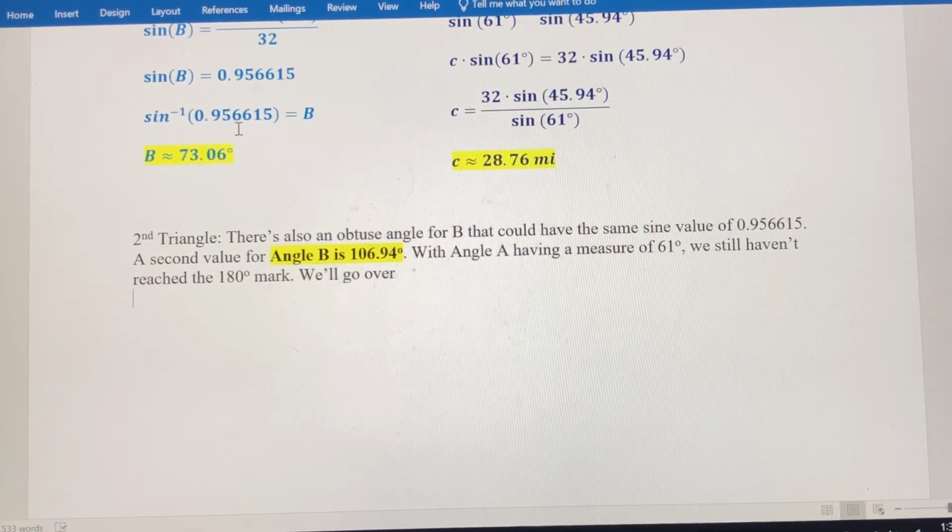We know the sine is positive in the first and second quadrants. When you see this value, it tells me there are 2 angle measures that have that same trig function. Now, B is going to be the largest angle. It was acute here, and it's okay that it's obtuse now, because it can still fit within the 180 degrees that a triangle has.